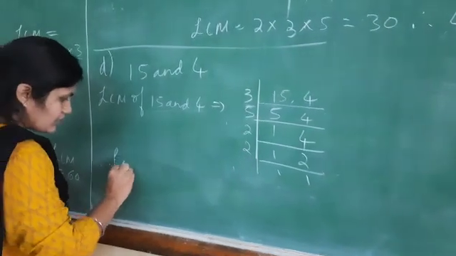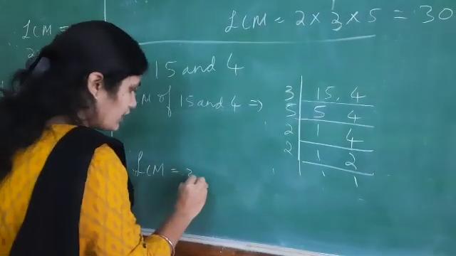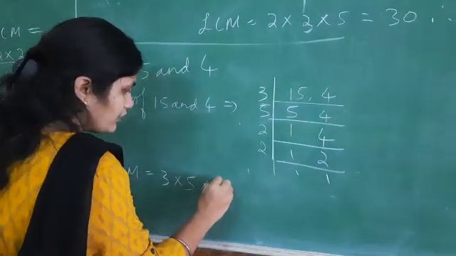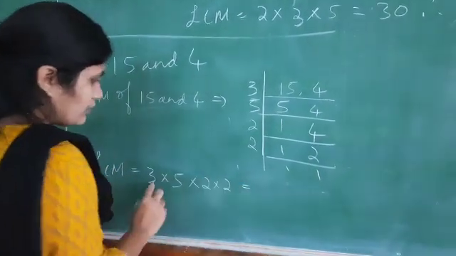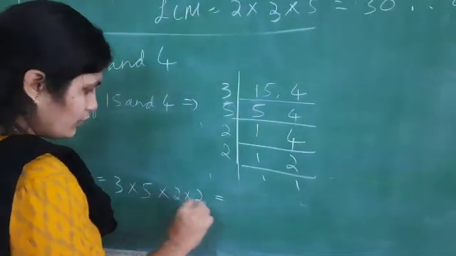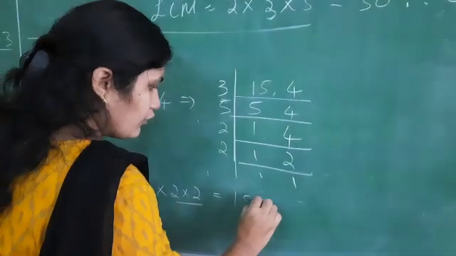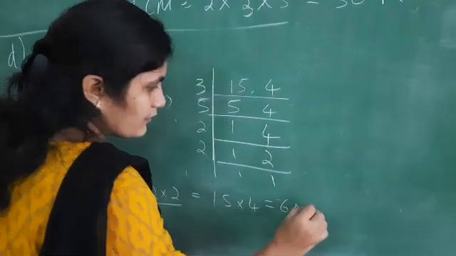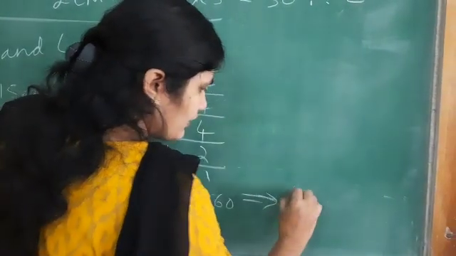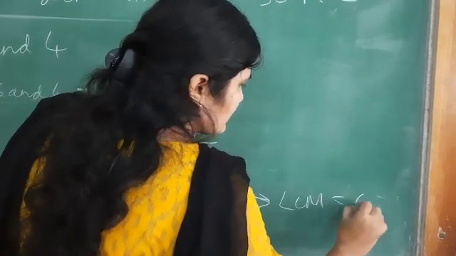Therefore, LCM is equal to 3 into 5 into 2 into 2. 3 5s are 15, 2 into 2 is 4, 15 into 4 is equal to 60. LCM is equal to 60.